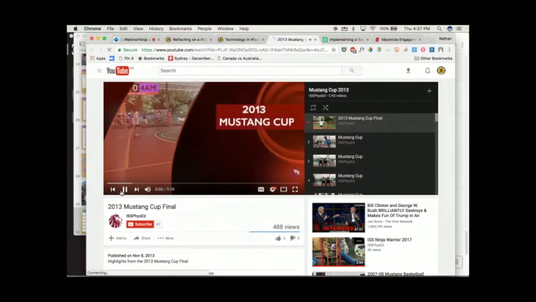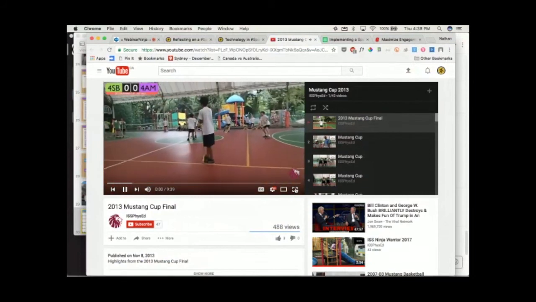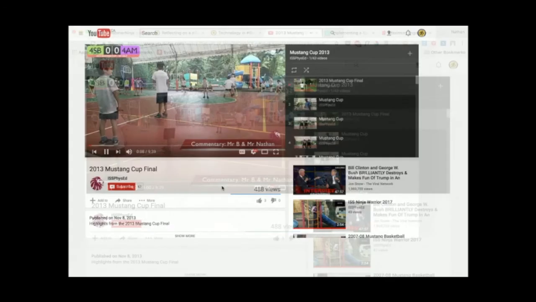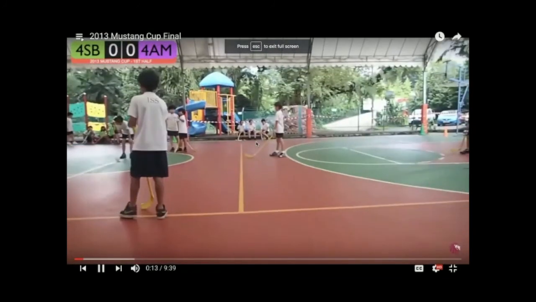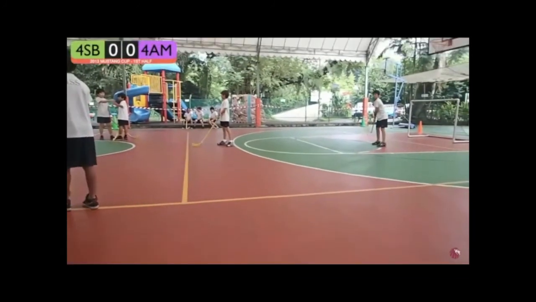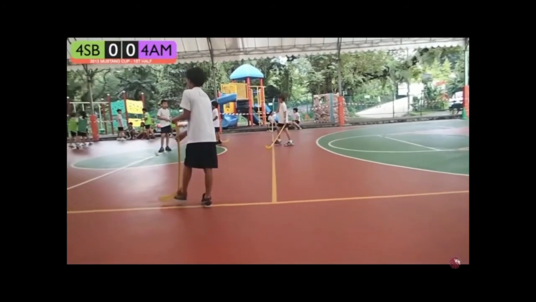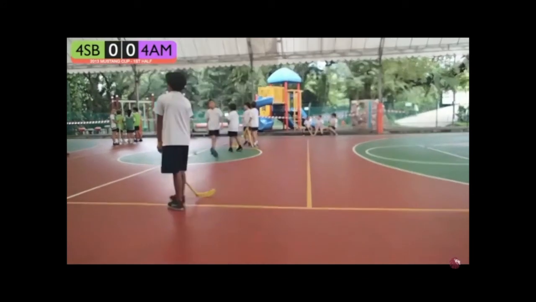And we're here at the marvellous Mustang Cup, the first ever Mustang Cup going off between the mighty green team, which is 4AM, versus the resplendent yellow team, which is the terrific 4SB. Nerves are jangling high. I hear the clicking of hockey sticks. Referee Stephen has the whistle in his mouth ready to go.